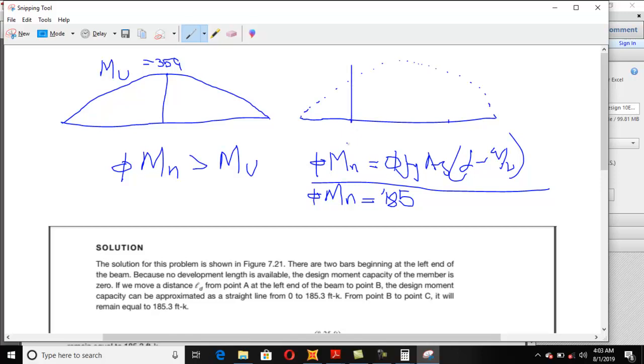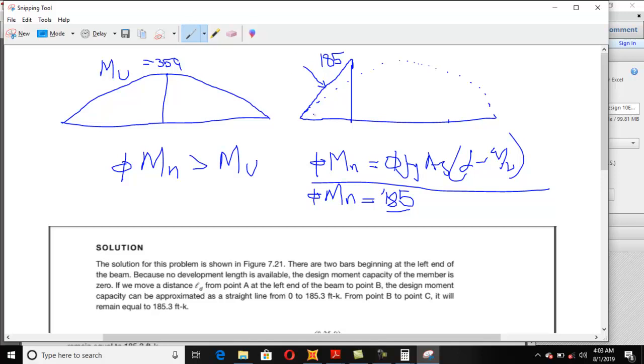So I directly join the support point with this moment capacity, this 185. And remember, this line is showing you the moment capacity.